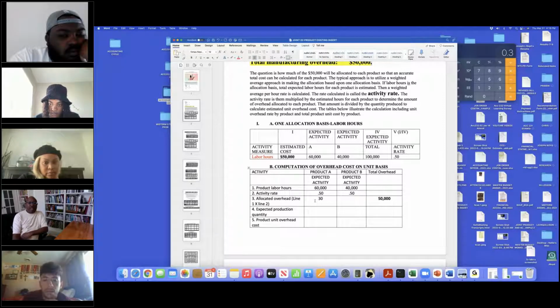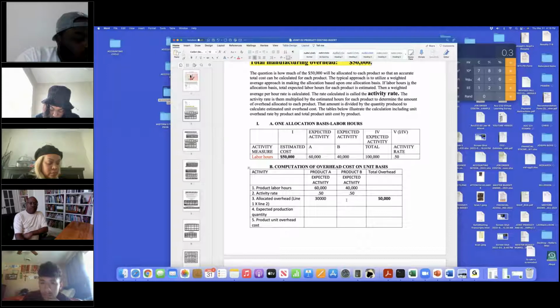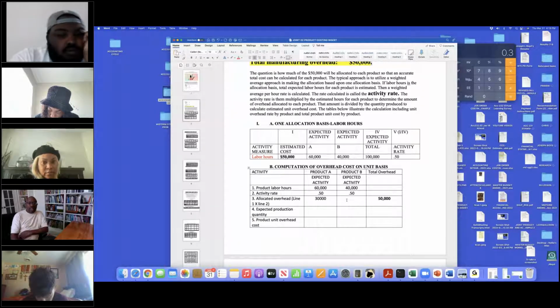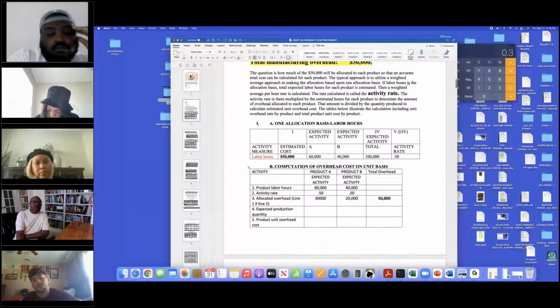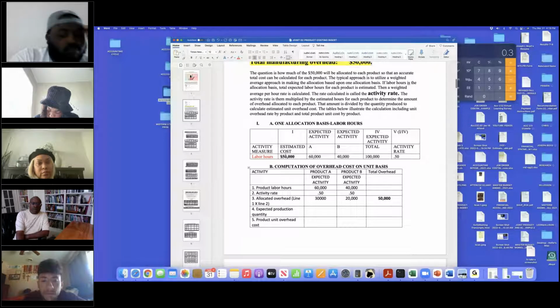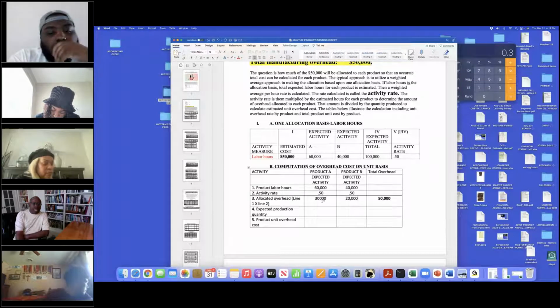And 0.5 times 40,000 is 20,000. So we've come up with a way to divide that 50,000 between A and B. We add all of the hours together and come up with an activity rate, which is a weighted average. And so now product A has 30,000 in overhead, product B has 20,000.